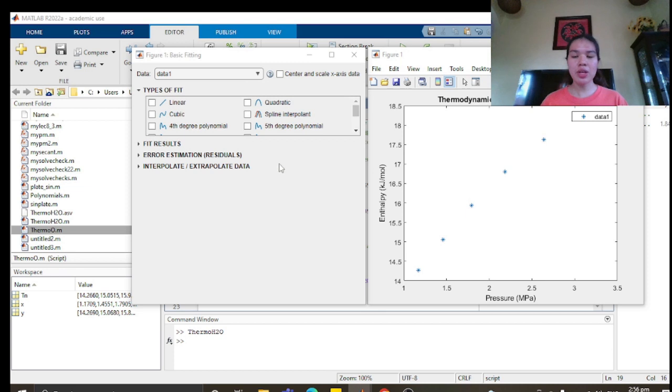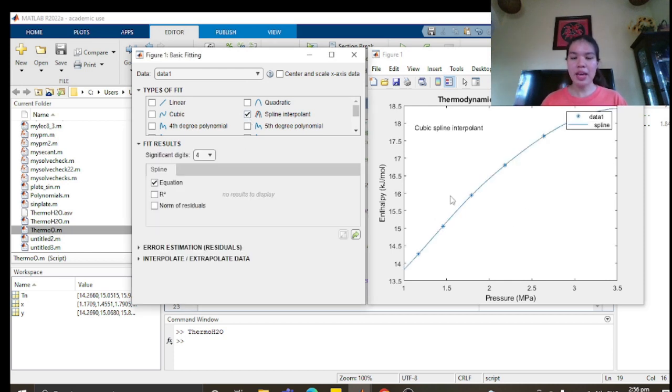So first, we're going to click the spline interpolant to see each curve. And since the data is not scattered, we are disregarding the least square fitting polynomial.